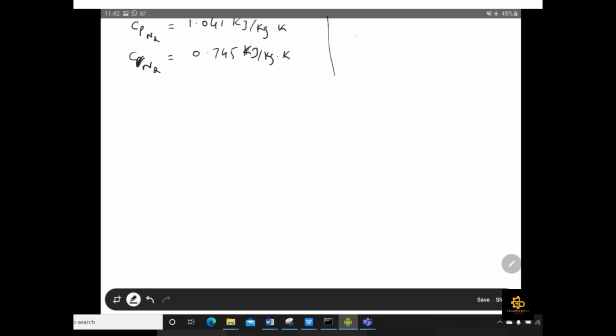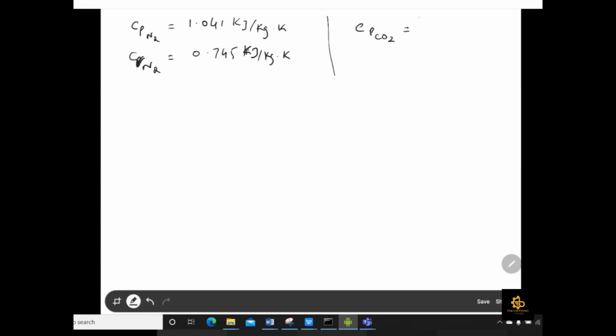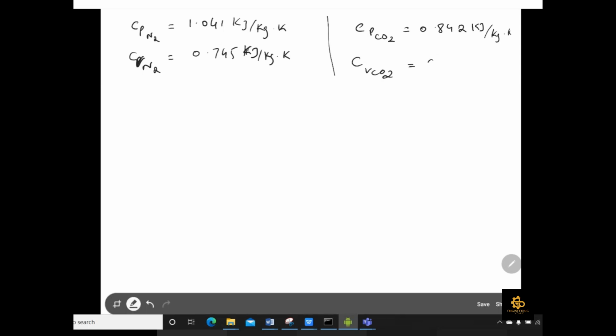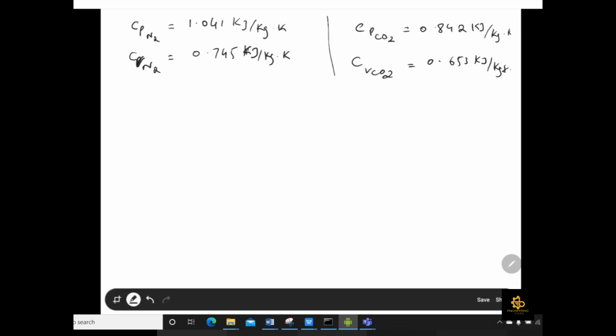And now the Cp value of CO2, the second gas, is equal to 0.842 kilojoule per kg Kelvin, and in a similar way the Cv value of CO2 is equal to 0.653 kilojoule per kg Kelvin. So these values for both gases are required for the solution.